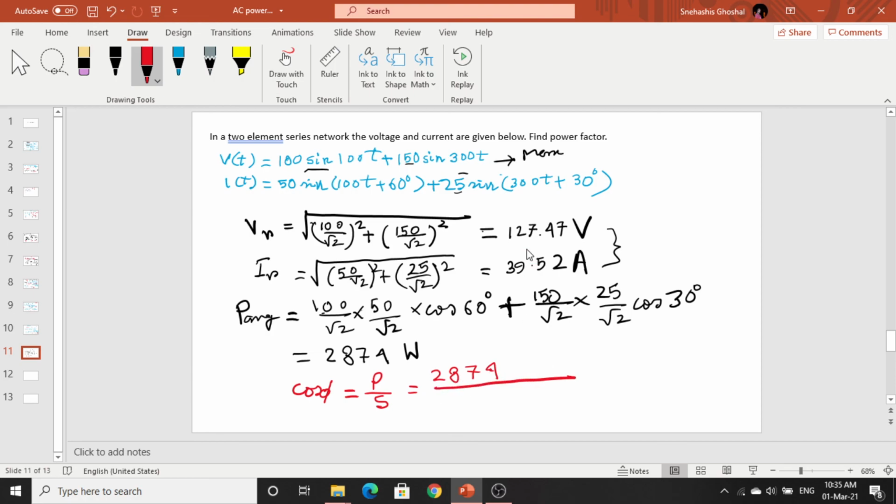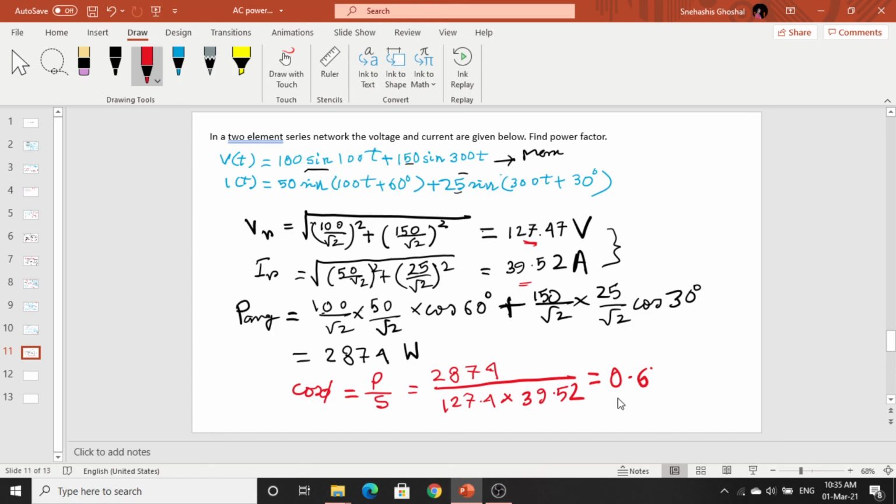S means what? Voltage into current. So this one, 127.4 multiplied by 39.52, and if you calculate, you will get that the result is approximately 0.6.